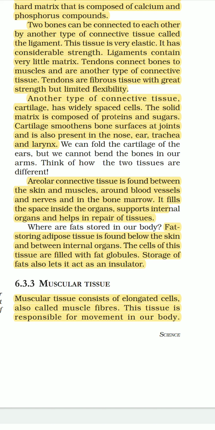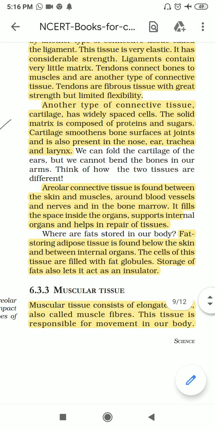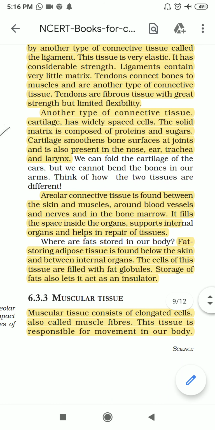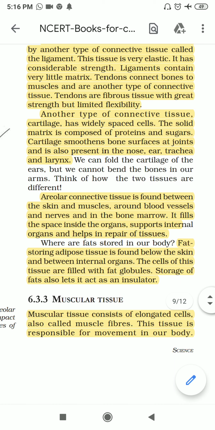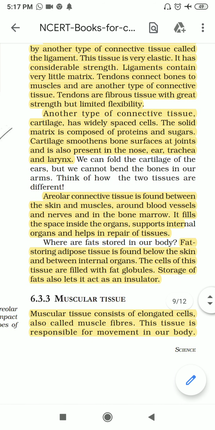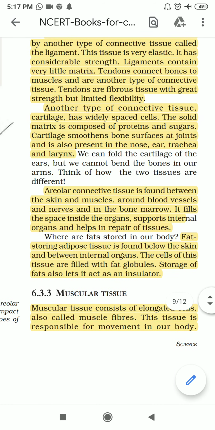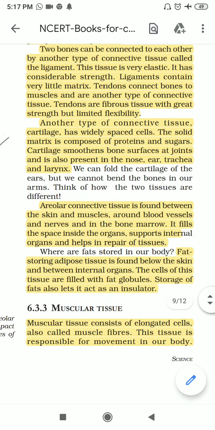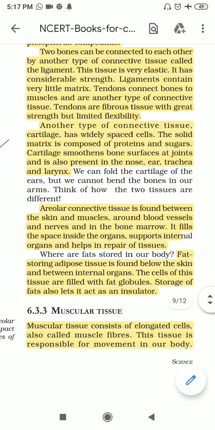They provide support to all the internal and delicate organs of the body, and also fill the space in between the organs. So they just do the activity of filling, and that is why they are quite loosely packed. They fill up the space wherever it is, and it also holds the organs in their proper place, and that is why our organs do not dislocate from their places.